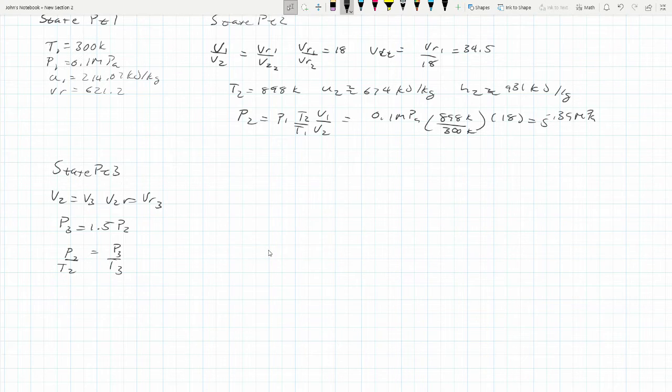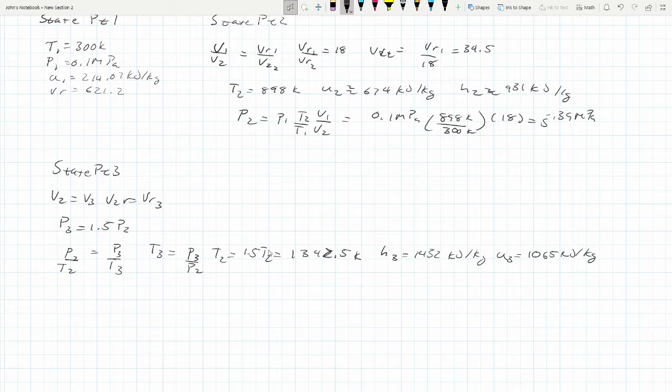So then we get T3 is equal to P3 over P2 times T2, which is 1.5 T2, which gets 1342.5 Kelvin. Go to table. We know H3 is equal to 1452 kilojoules per kilogram, and U3 is equal to 1065 kilojoules per kilogram. All right.